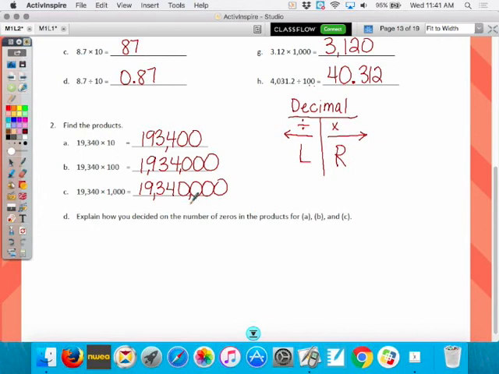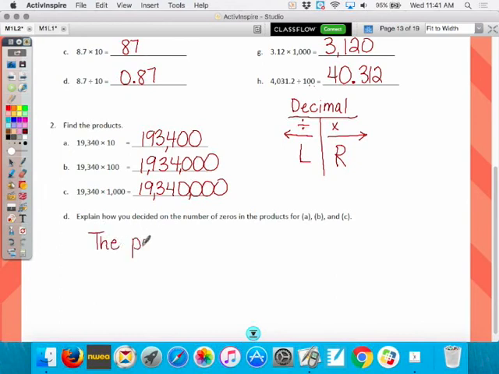Okay? So if it's a power of 10 to the third, which is 1,000, you'll add 3 zeros. And that's going to be the next lesson. Okay? But could I say the powers of 10 determine the number of zeros you add to the end? Could I say that? Yeah. Okay, let's write it.